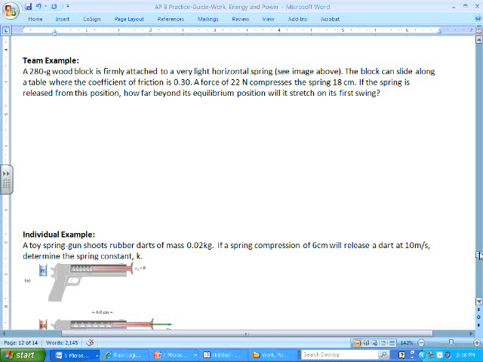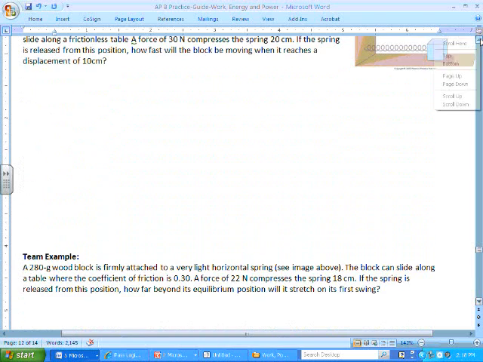Attempt the following problem and then check your answer when you're ready. A 280-gram block of wood is firmly attached to a very light horizontal spring. So same image as above.